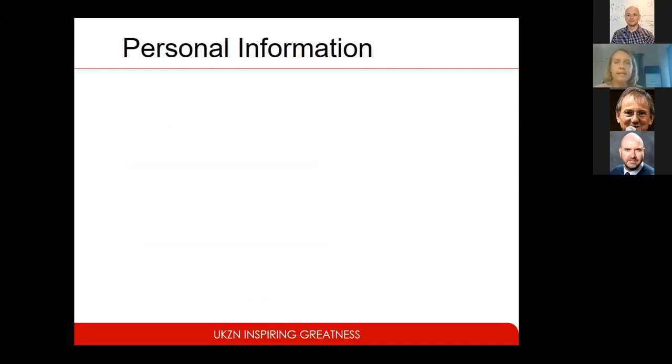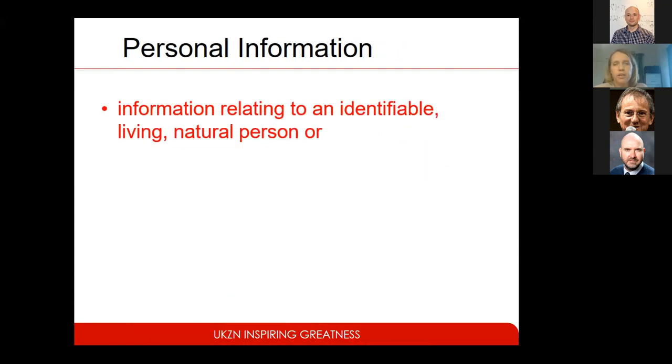So I've set the scene, and now I want to take you briefly through the key provisions of the Act. The first key term is personal information, and it's defined very broadly as any information relating to an identified or identifiable living natural person.